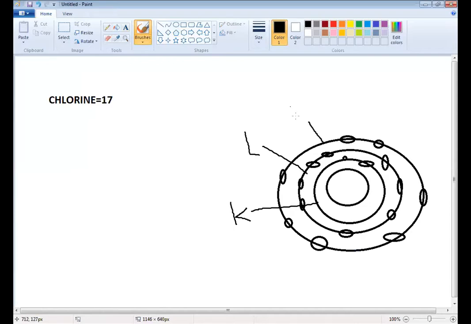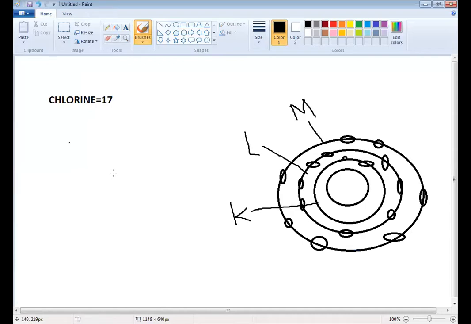And in this M shell, 7 electrons are present. According to the octet rule, 8 electrons should be present in the M shell, but here there are 7. So chlorine has a deficiency of 1 electron.